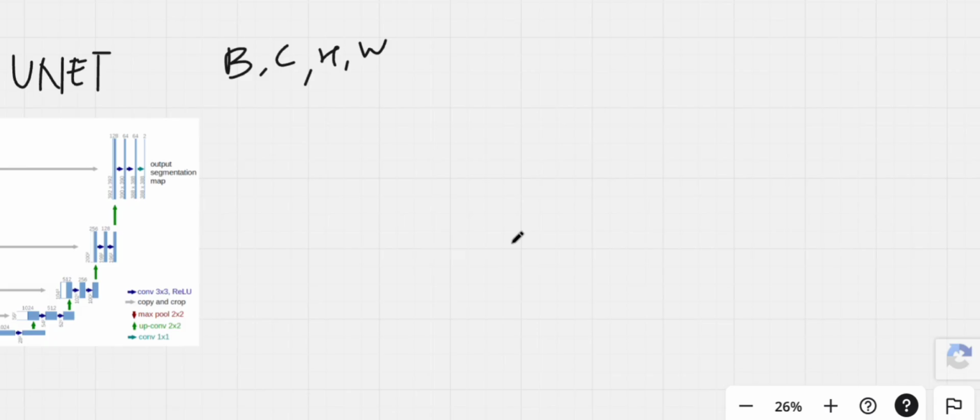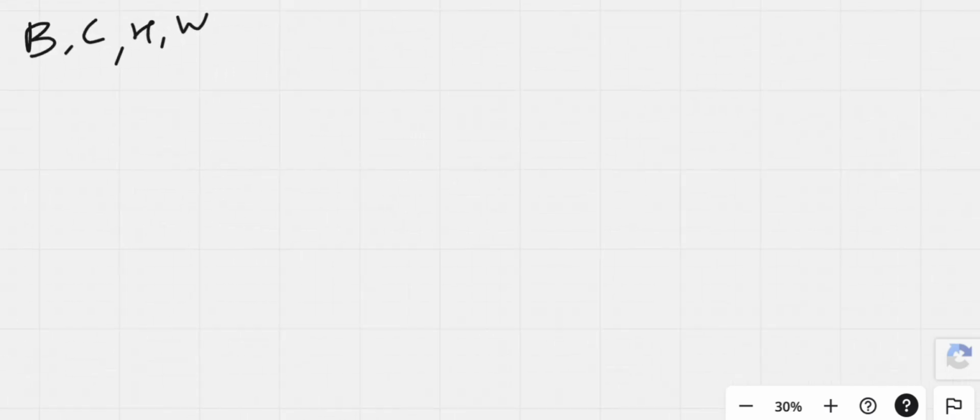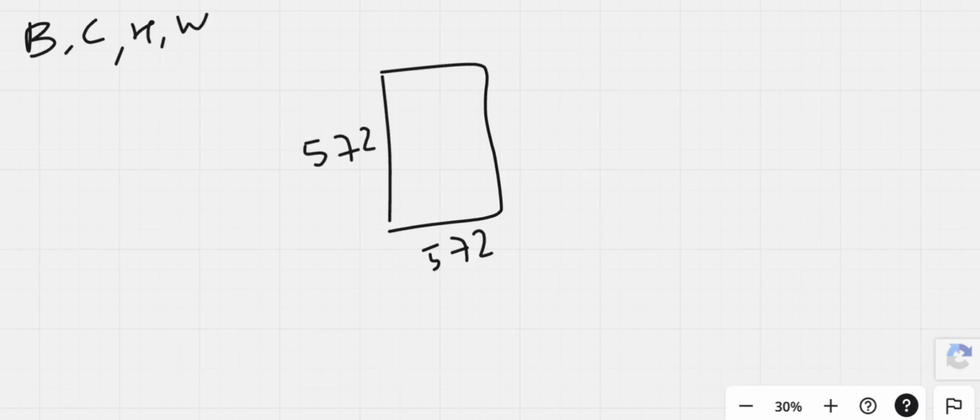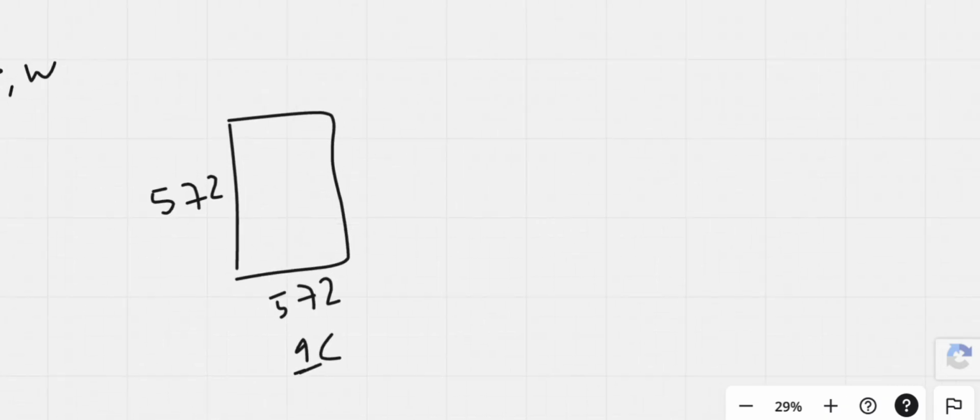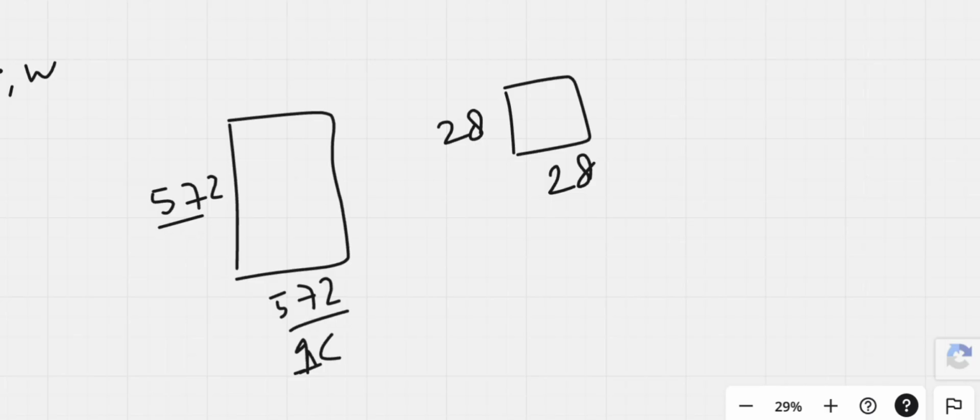Let's take an example to understand it better. Let's say we have given an input with the dimensions 572 cross 572 with one channel. The output which we got was 28 cross 28 as the height and width. If we observe, the spatial dimensions got decreased from 572 to 28.